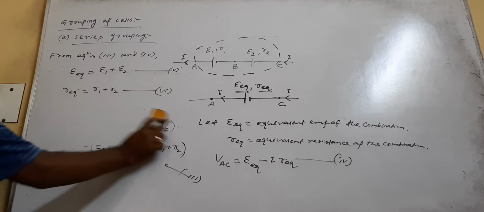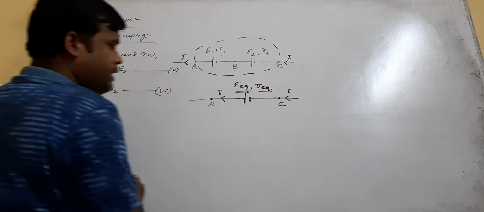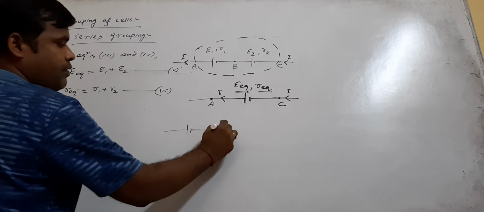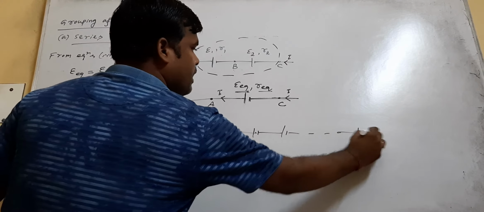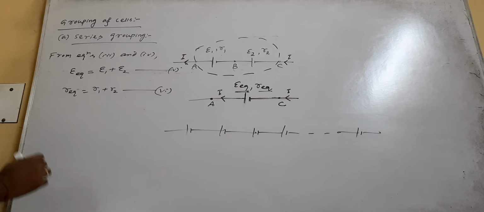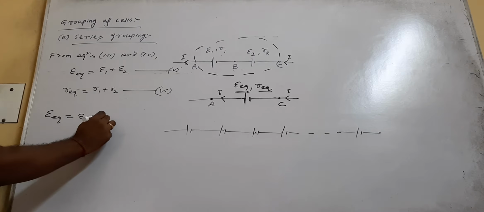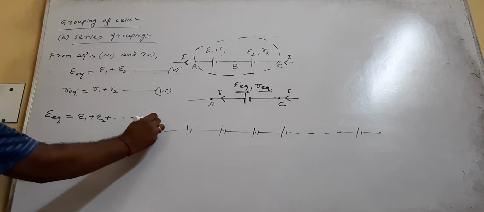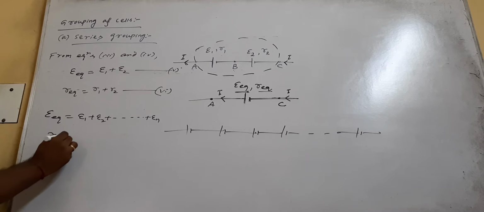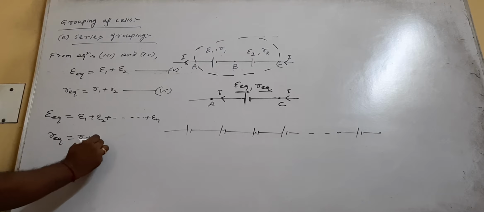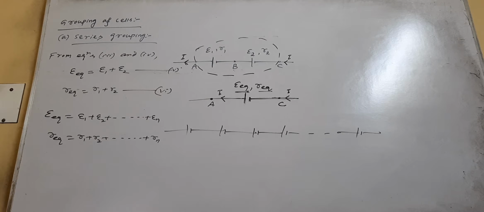If you have n number of cells connected in series like this, then what is the equivalent EMF? EEQ is equal to E1 plus E2, it will continue up to En. Similarly, R equivalent is R1 plus R2, it will continue up to Rn.